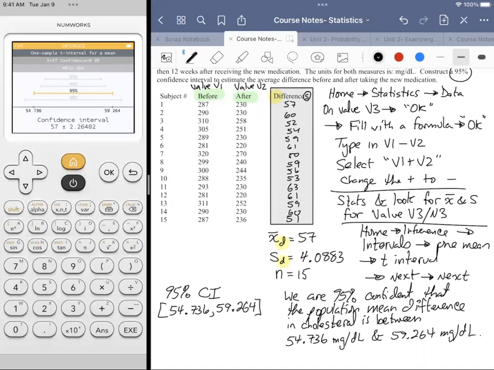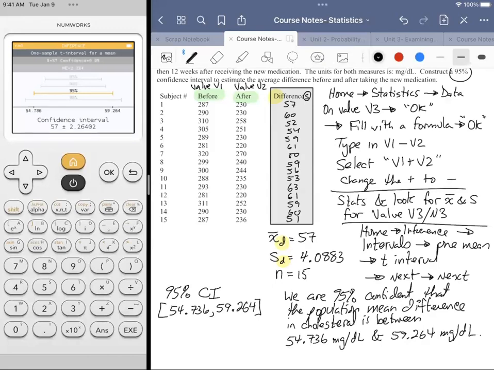Now, the conclusion, again, what I was saying before is we're not really interested in going beyond just a statement of the facts. But if you're interested, if you show a positive difference from the before to the after, that means that on average, the before numbers are bigger than the after numbers.